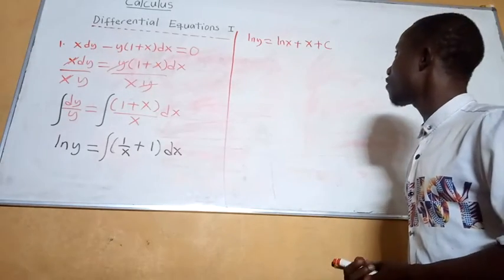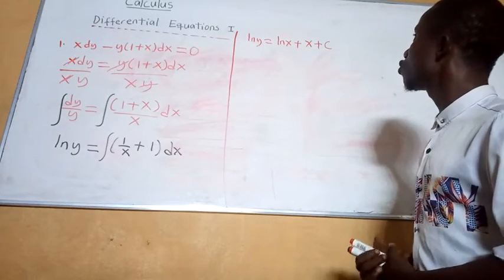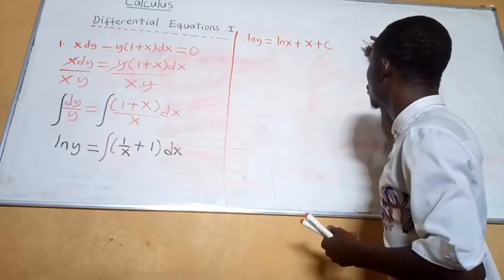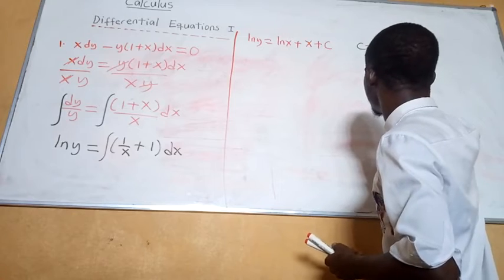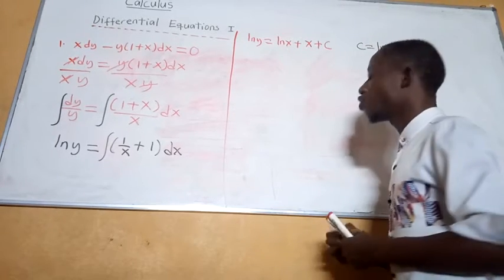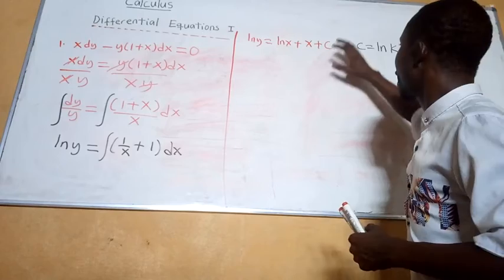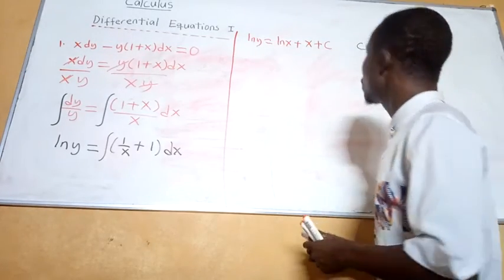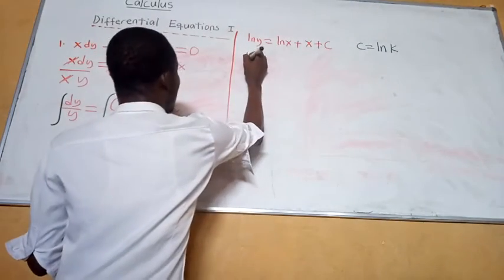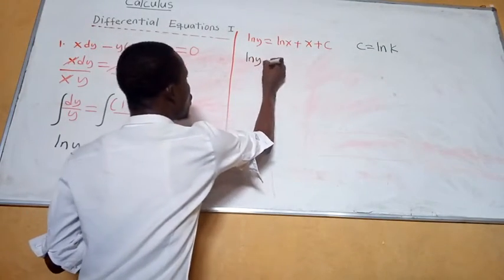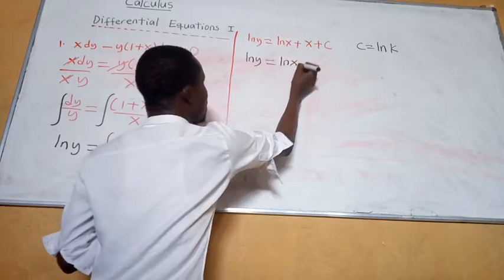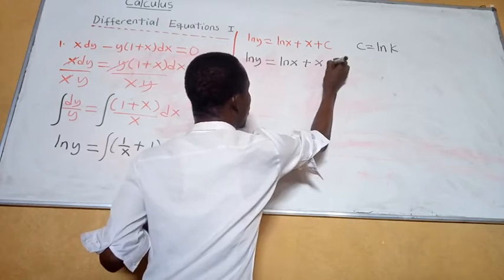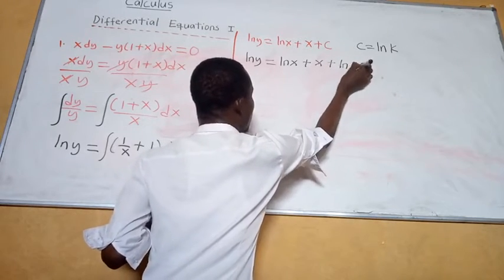So solving for y, first and foremost, we set c equal to ln of k, because we want to take ln of the constant to make life easier for us. So we have ln of y equal to ln of x plus x, where c is now ln of k.